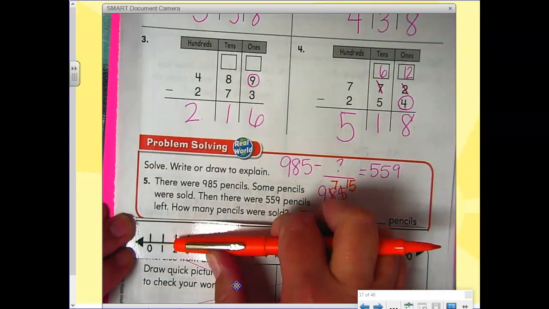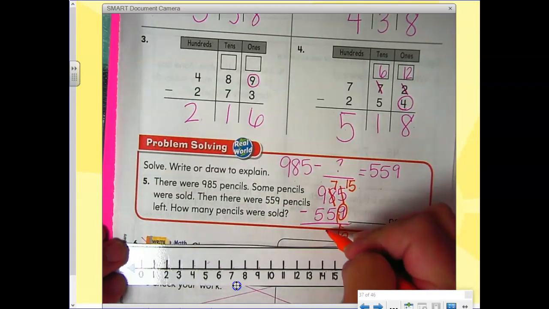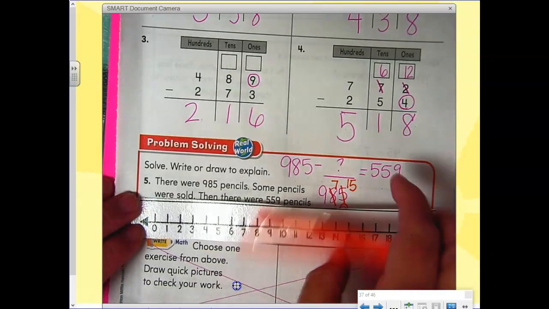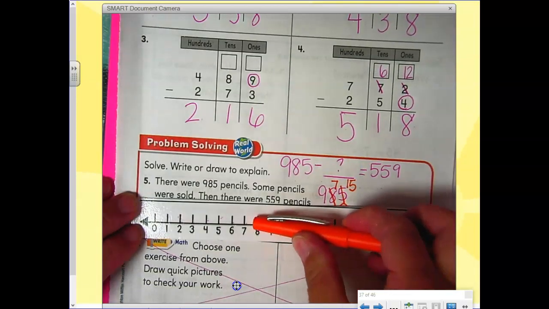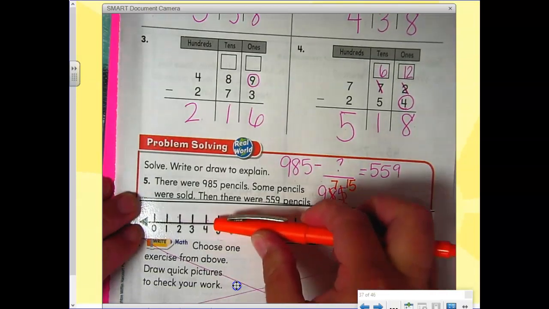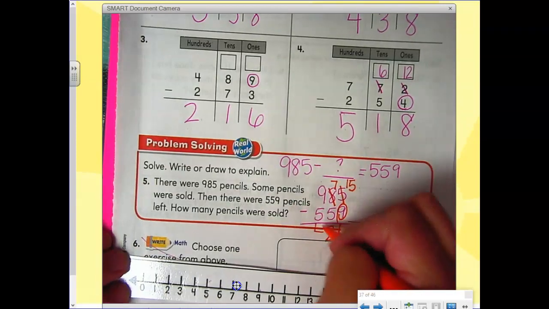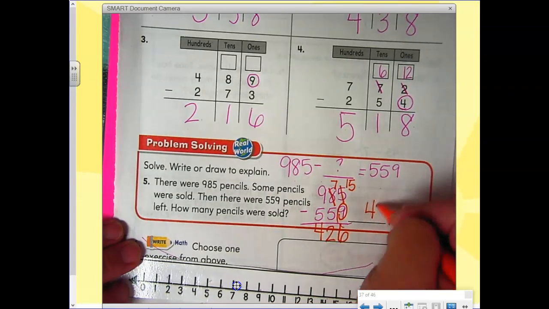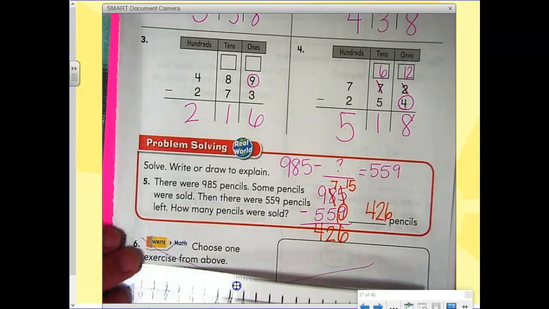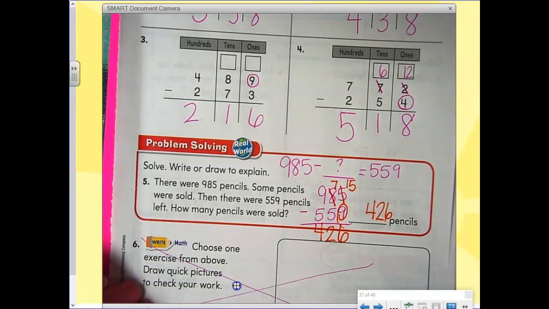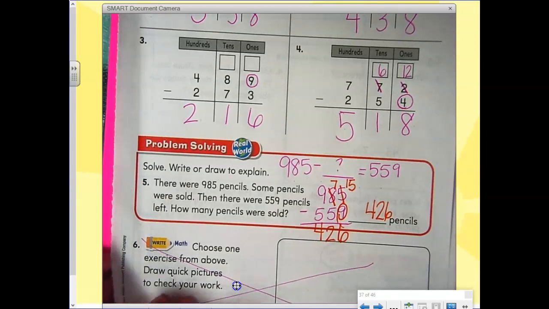Our answer is 2. Then we have 9 minus 5. 1, 2, 3, 4, 5. 4. 426. All right, so they sold 426 pencils.